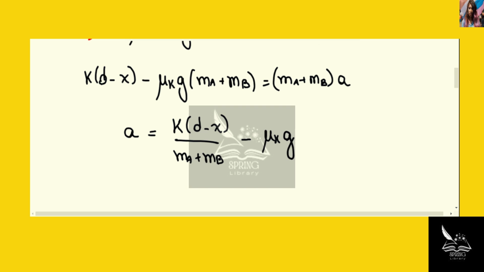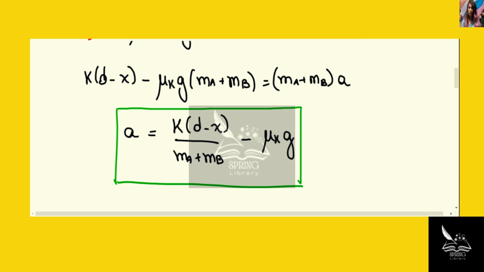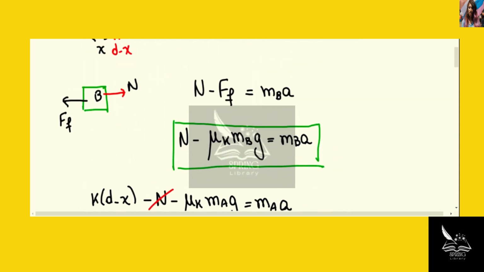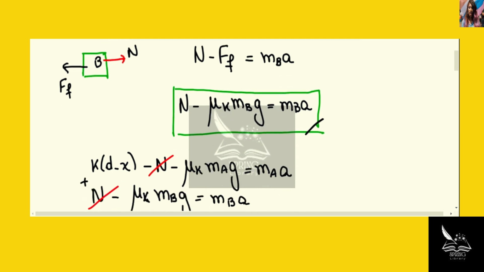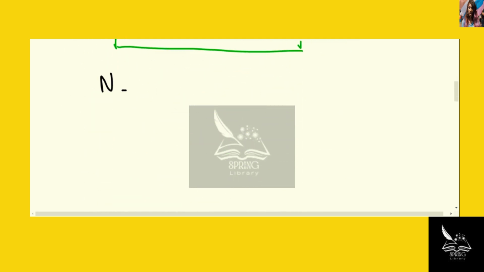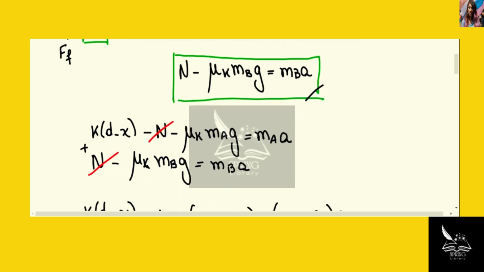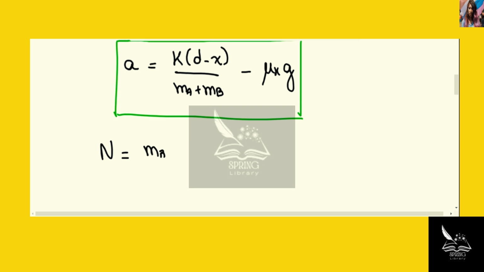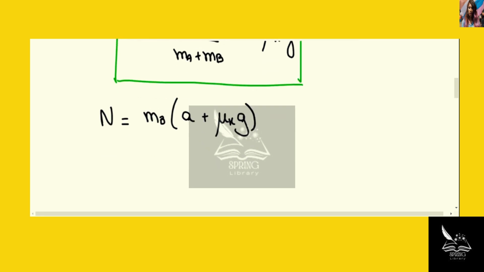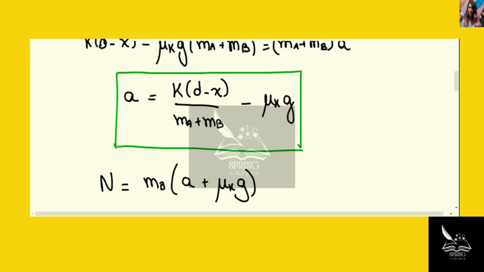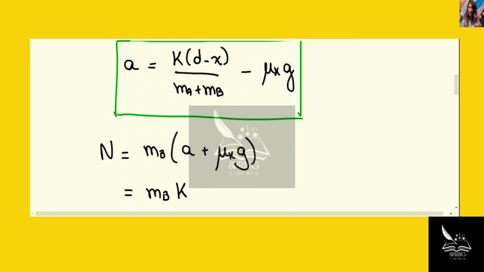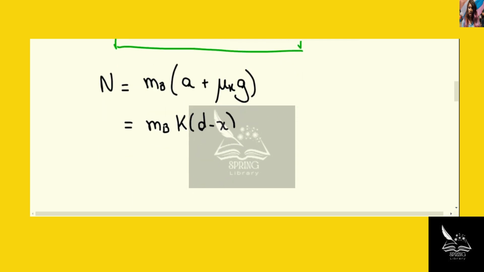Now I can take this acceleration, go back to the previous equation, and find what the force N is. I'm going to do that because when the force N is equal to 0, the two blocks start to separate. So N is equal to MB times A plus mu K G, which gives N equal to MB times K times D minus X divided by MA plus MB.